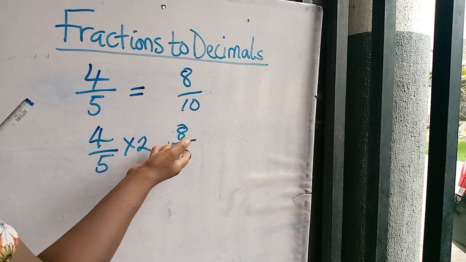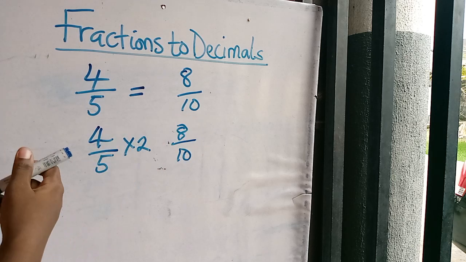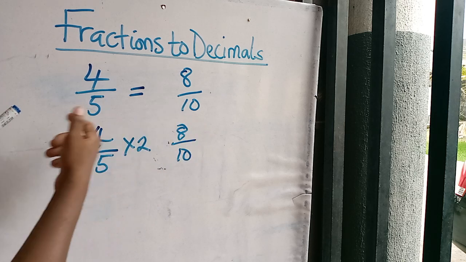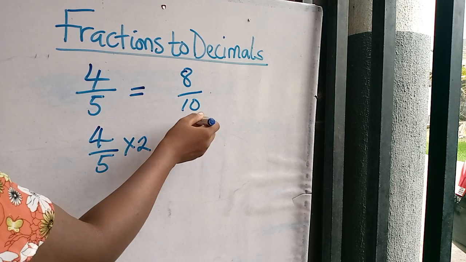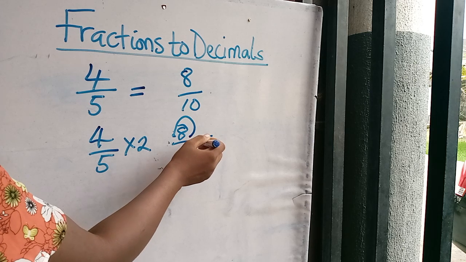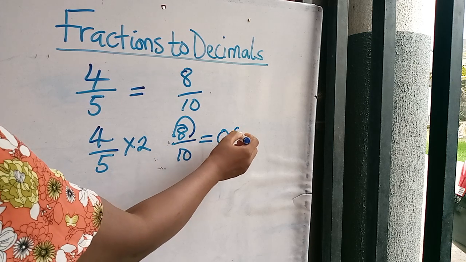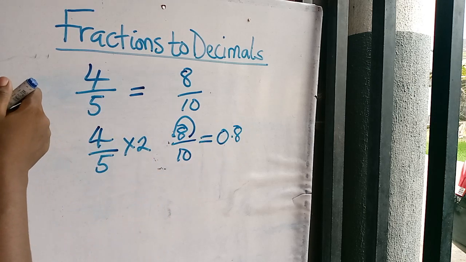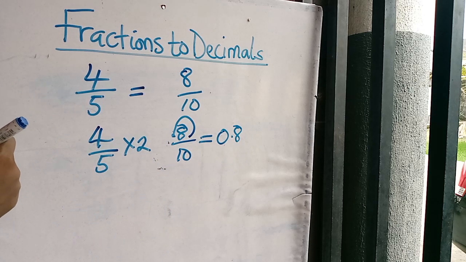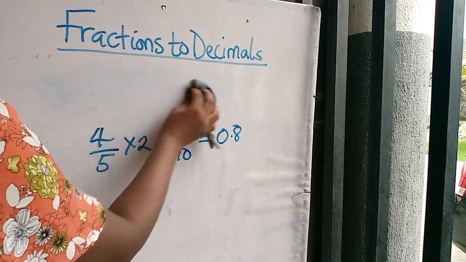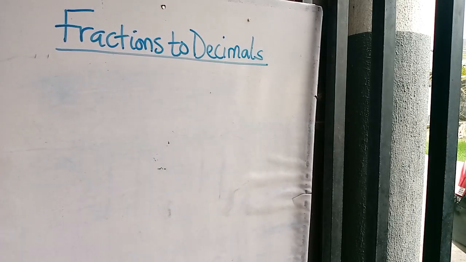Now, we can change this fraction 8 over 10 to a decimal by counting one decimal place backwards. So our final answer for this is 0.8.